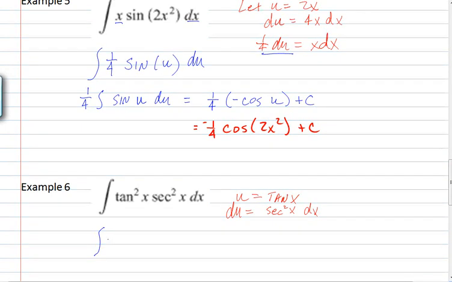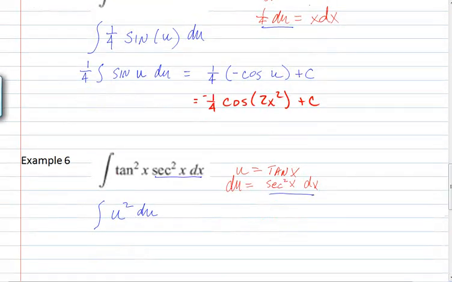So anyway, how do I rewrite this? This is going to be u squared du. Because this whole thing right here was du. And we just replace it. And in place of the tangent, I plugged in a u. Tangent was squared, so u is squared. So when I find the antiderivative of this, this is going to be u to the third over 3.